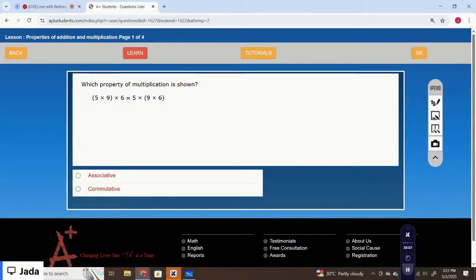Which property of multiplication is shown: 5 times 9 times 6 equals 5 times 9 times 6? That is the associative property of multiplication.